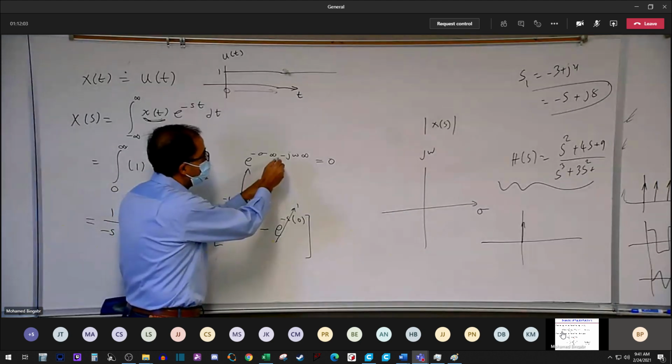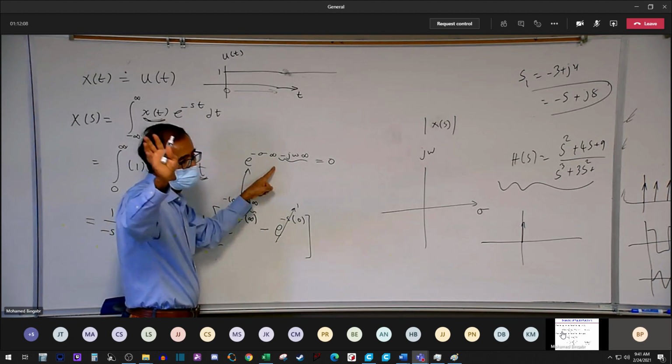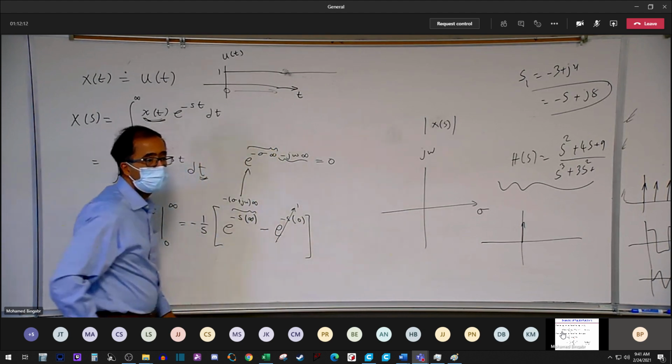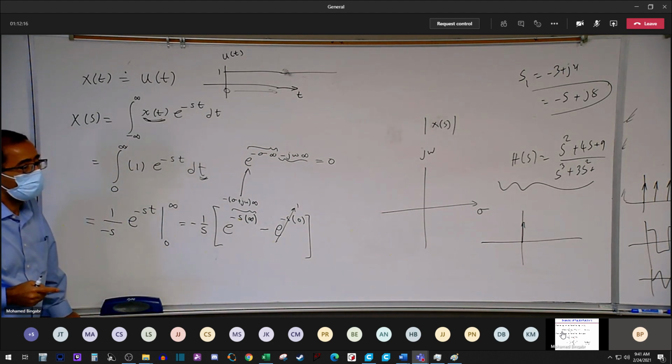Here, this term is just going to oscillate, right? J omega is just going to oscillate for infinity. This is the important term. So this will go to 0 only if sigma equals what? There must be a condition for sigma.